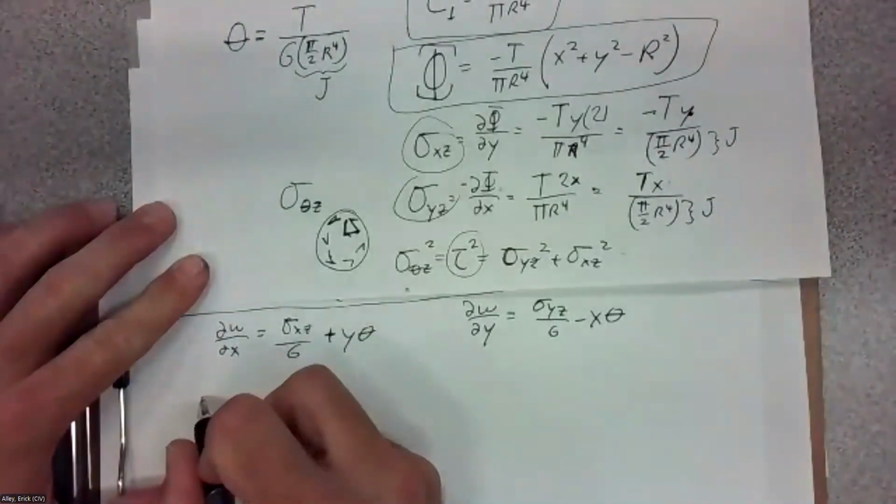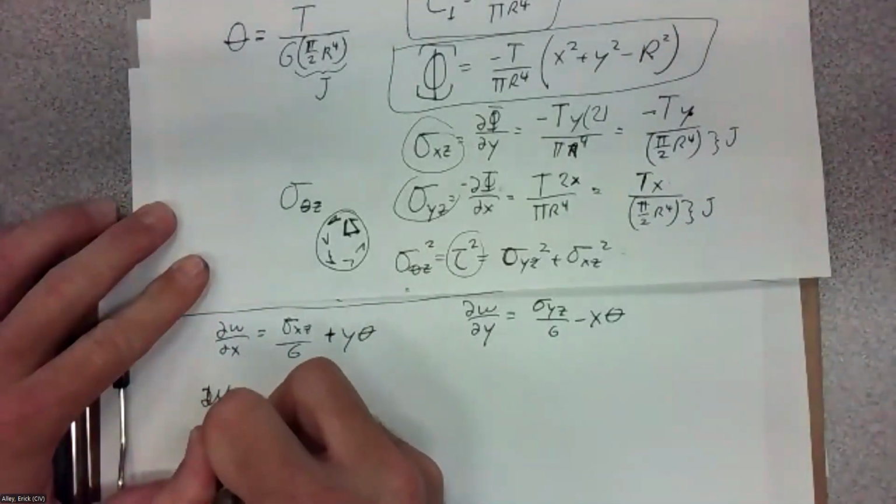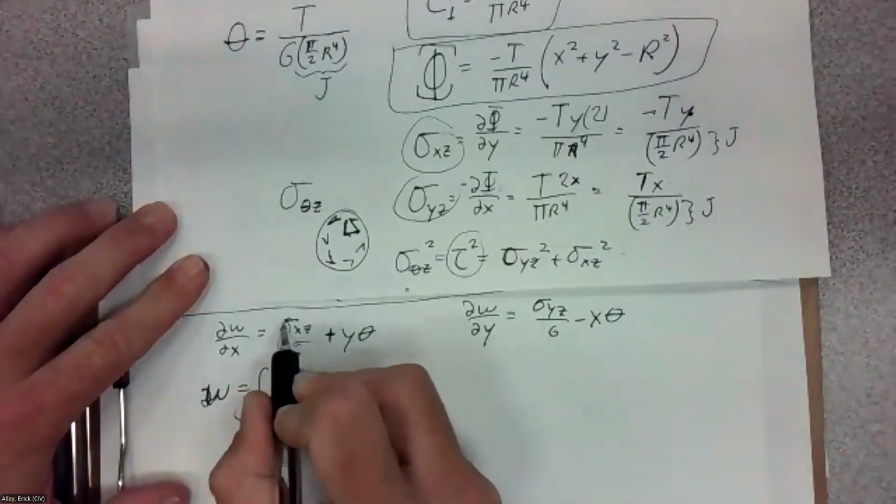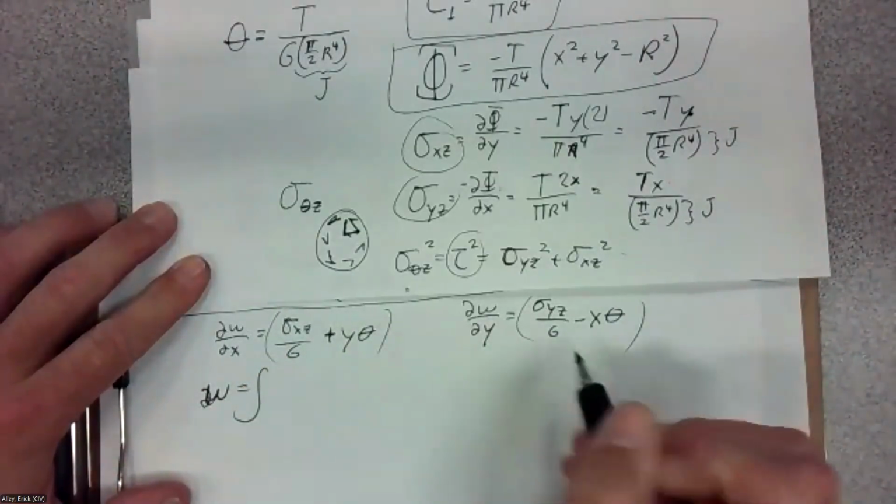So let's keep this as is. We want to integrate up to W, so we're going to have to integrate this stuff.